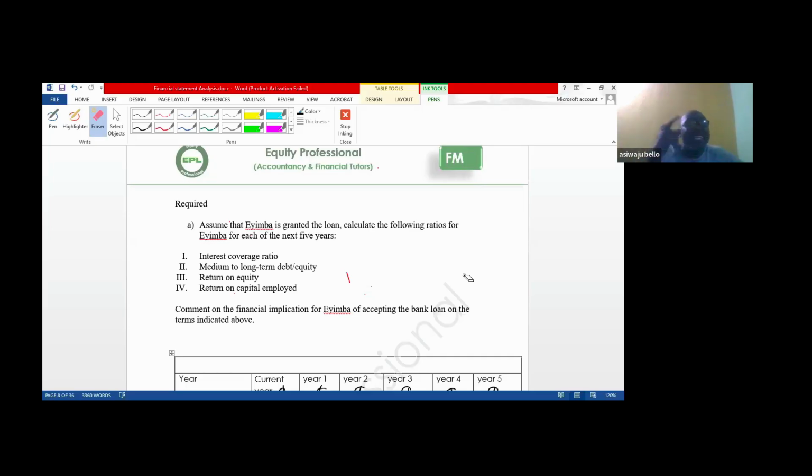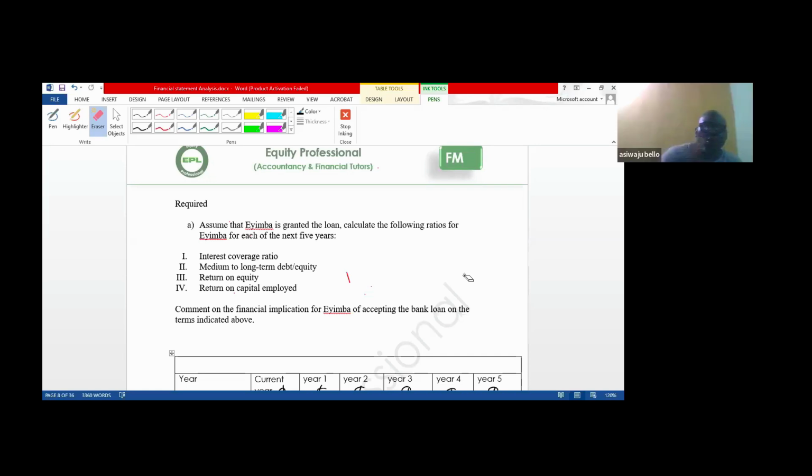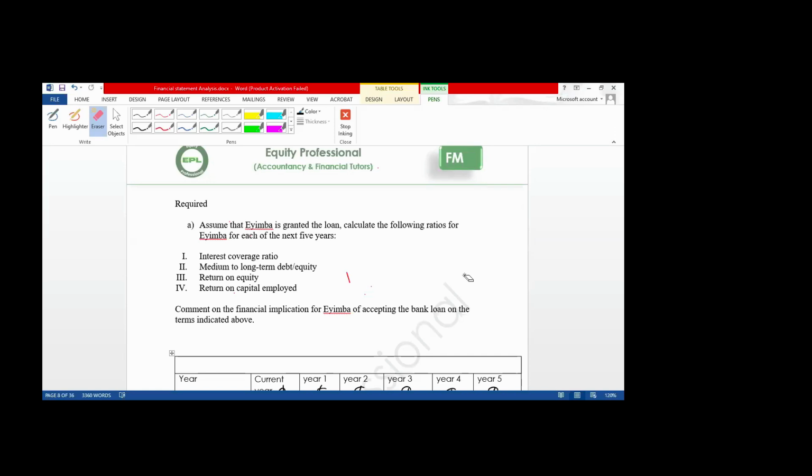Now imagine you are the finance manager and your MD is asking you, we want to collect a loan of $100,000. We need to repay the loan in 4 years at a repayment of $25,000 each year. The manager now asks you, what are the risks involved?